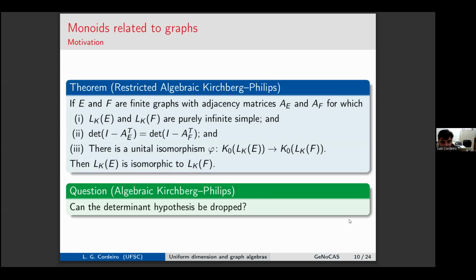And from that, we move to the case of graph algebras, which is mainly motivated by the algebraic Kirchberg-Phillips question. So we have a theorem which says that, in some certain manner, the K-theory of a Leavitt Path algebra classifies the Leavitt Path algebra completely, in the case that E and F are finite graphs.